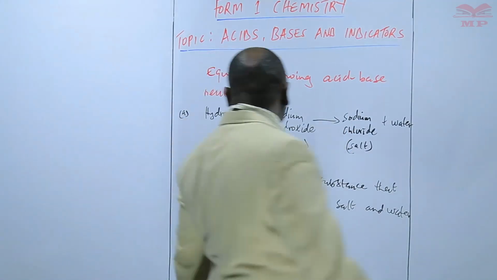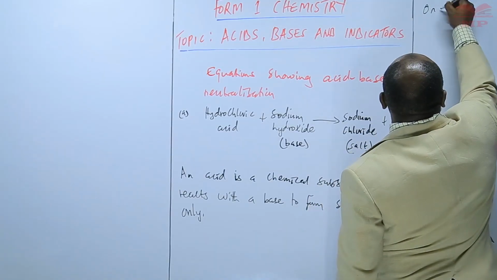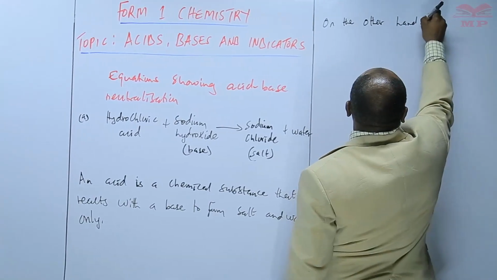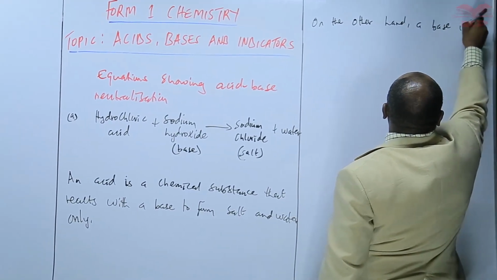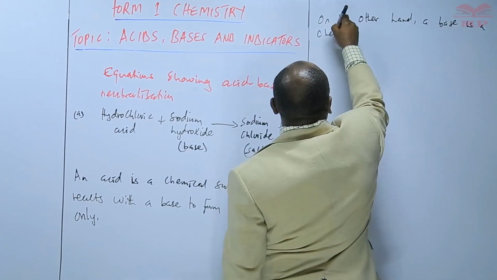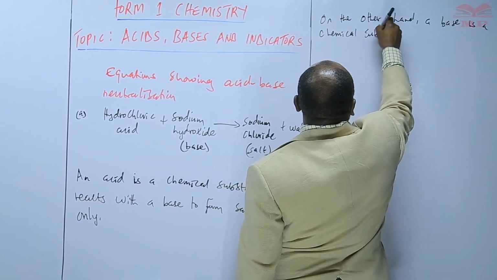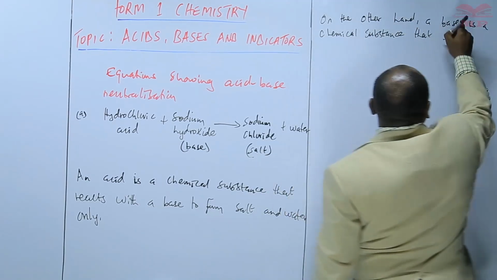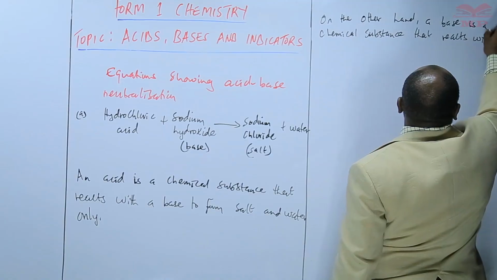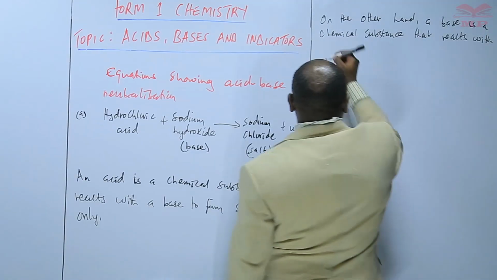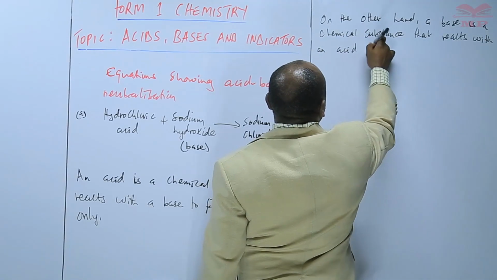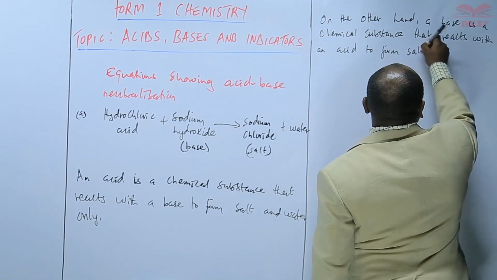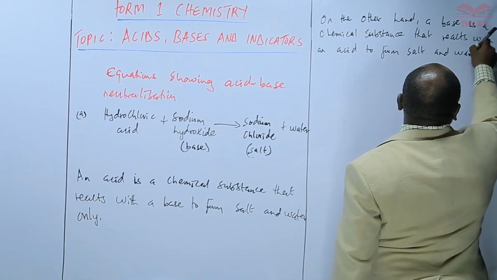So we can also define a base. On the other hand, a base is a chemical substance that reacts with an acid to form salt and water only.